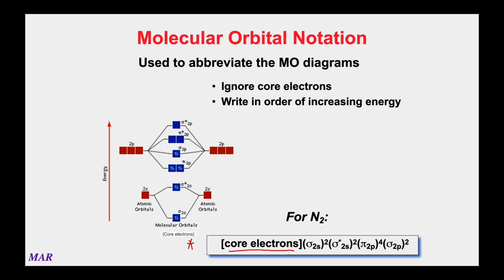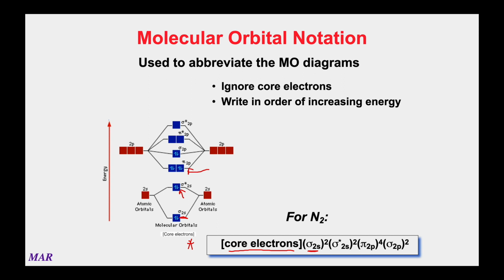So for this shorthand notation, you would write core, and then notice the notation. Sigma 2s is in parentheses with a superscript 2. So this is the molecular orbital, the sigma 2s, in parentheses, and then the superscript represents the number of electrons. So sigma 2s2, sigma star 2s would be the next one, 2, pi 2p4.